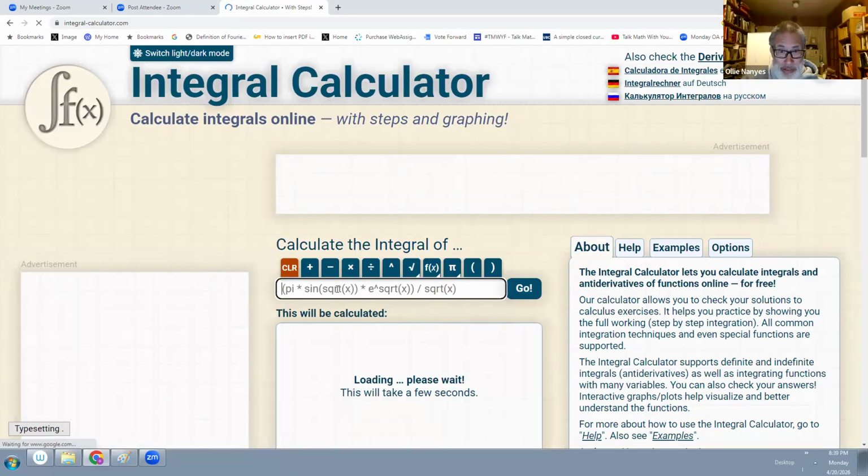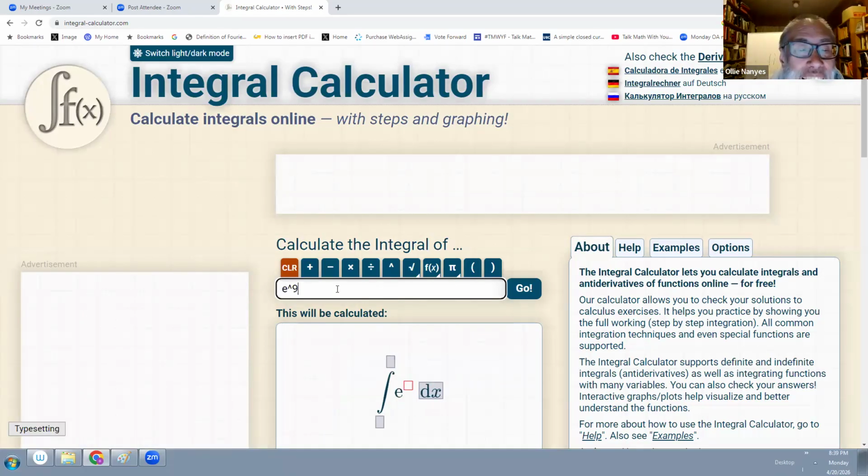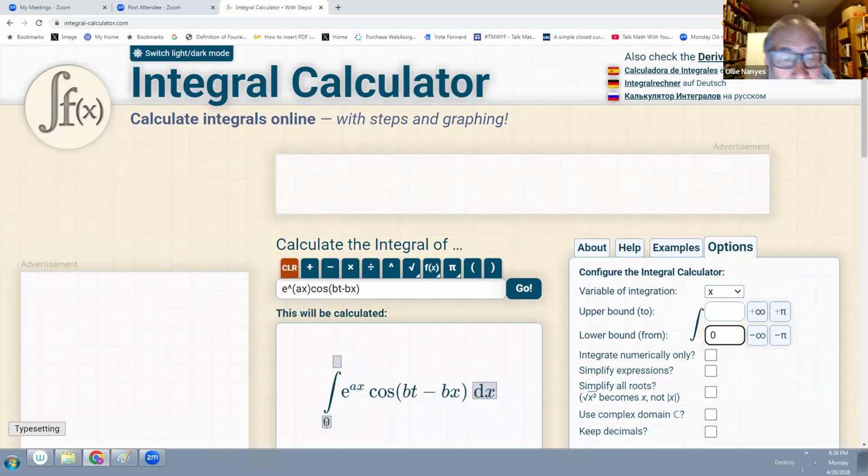This is an old computer here, but let's say this is e to the ax cosine of bt minus bx dx, and we're going to go from 0 to t.